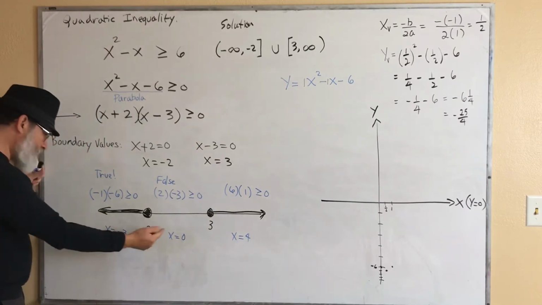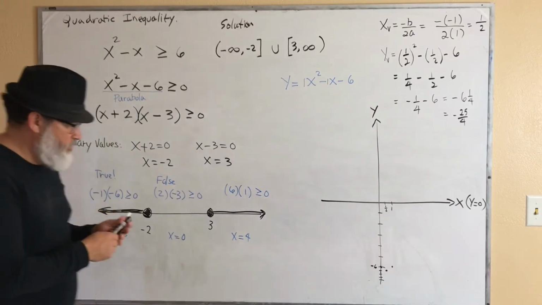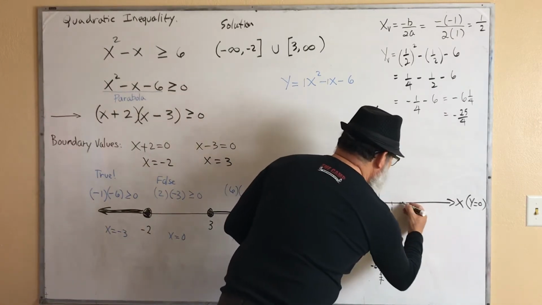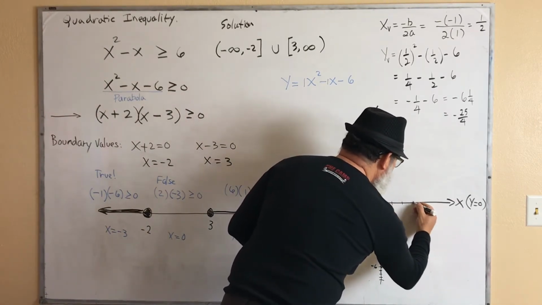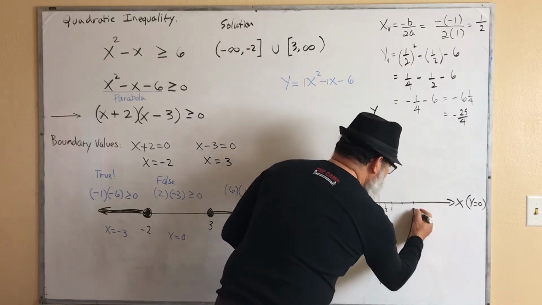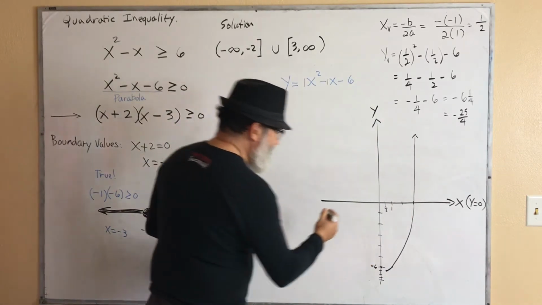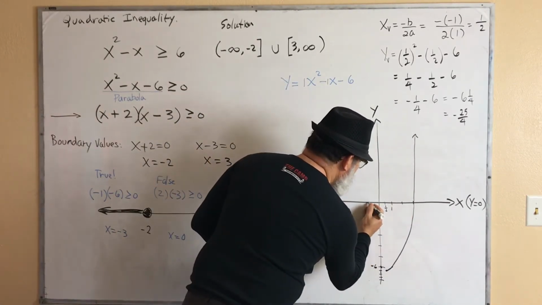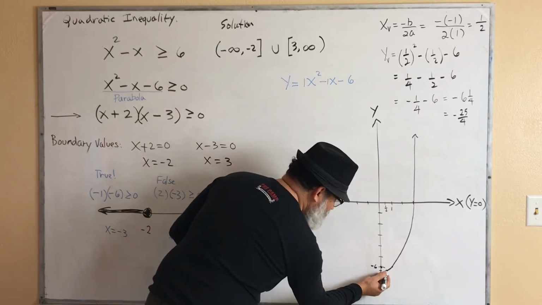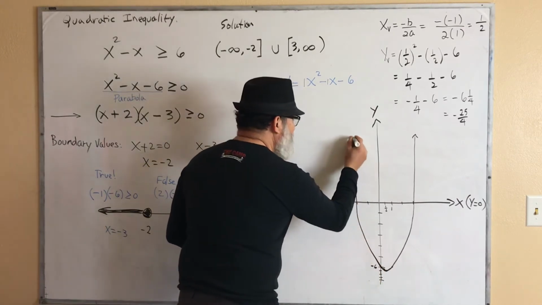From negative 2 to the left and 3 to the right. So here's the parabola. Here's 1, 2, and 3. The parabola opens up. It passes through 3 and then up. And then negative 1 and negative 2. And so therefore it also does this. And there we go.